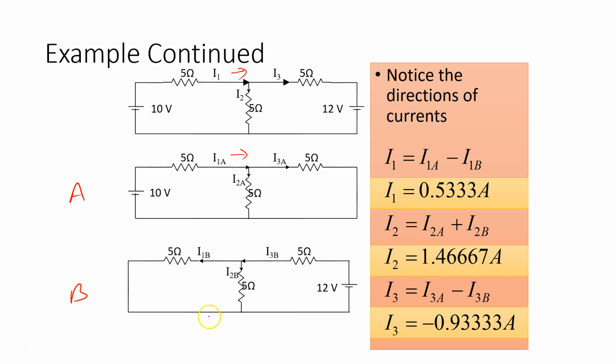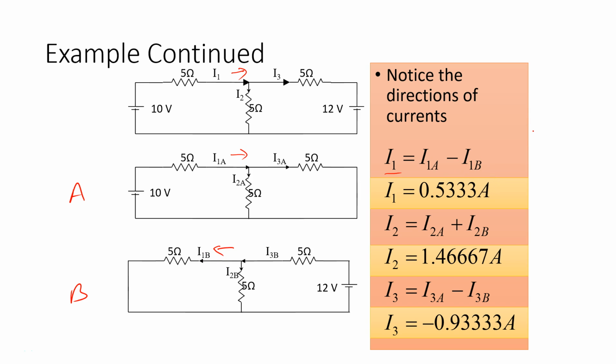I1A is also in this direction, but I1B is in the other direction. These currents are all set by me, so I could have set them in any way I want. So now from this I could see that I1 is equal to I1A, which is in the same direction, minus I1B, since I1B is going in the opposite direction.